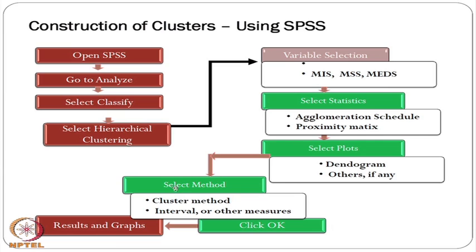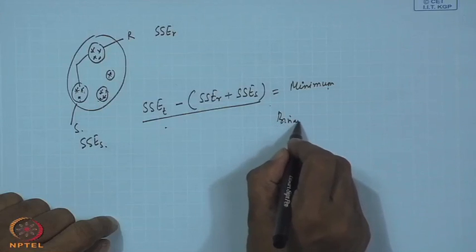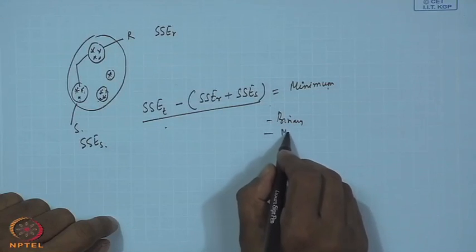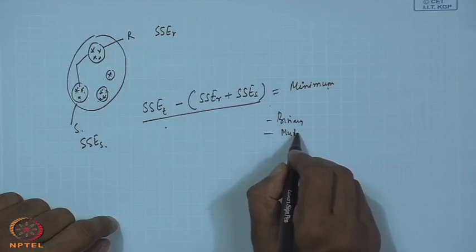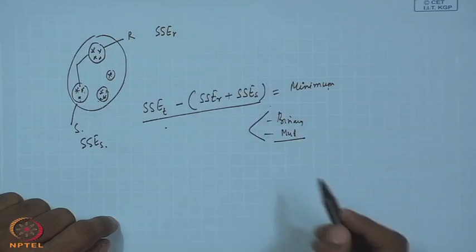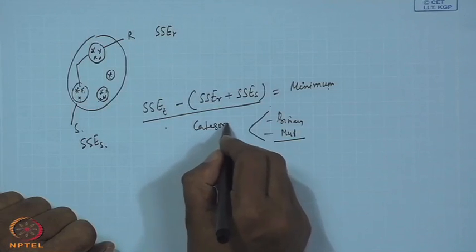Then you have to select the cluster method, and what type of measures it is, interval or other measures, because if your data is not metric data, the distance calculations will be different. If there is binary data, the distance will be different. There may be multinomial data, and there are certain techniques for handling categorical data.